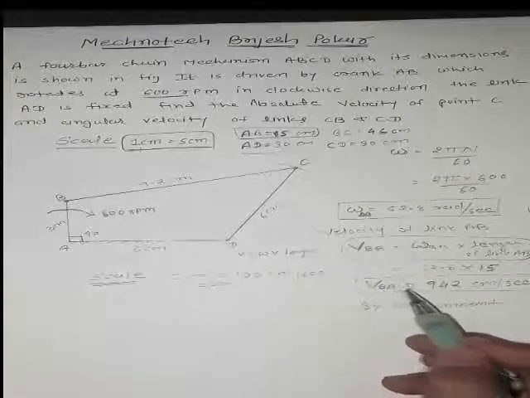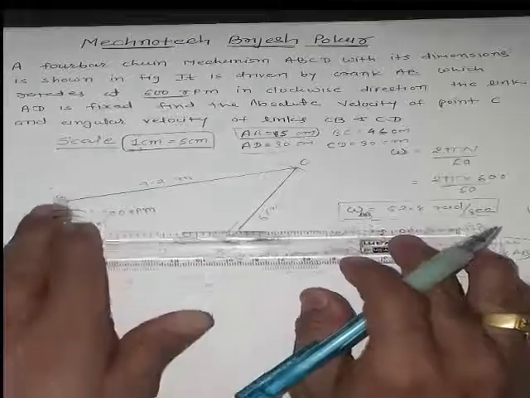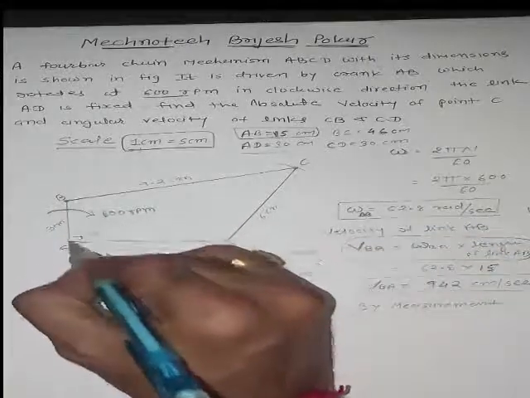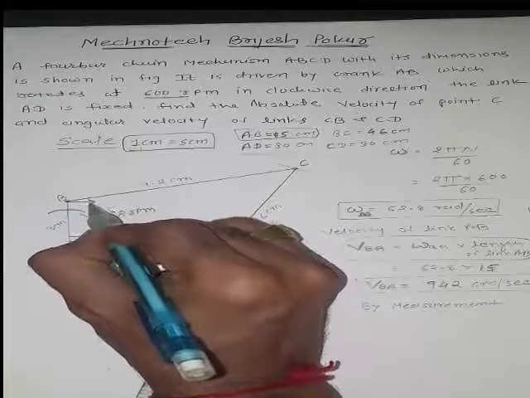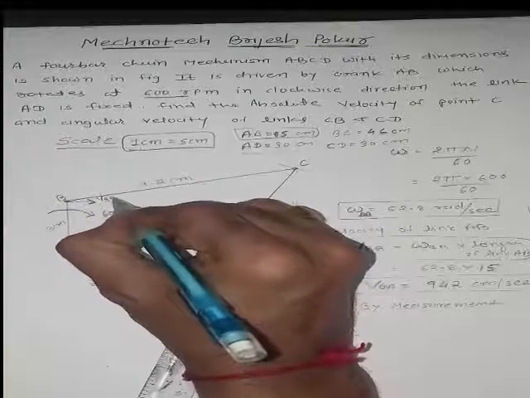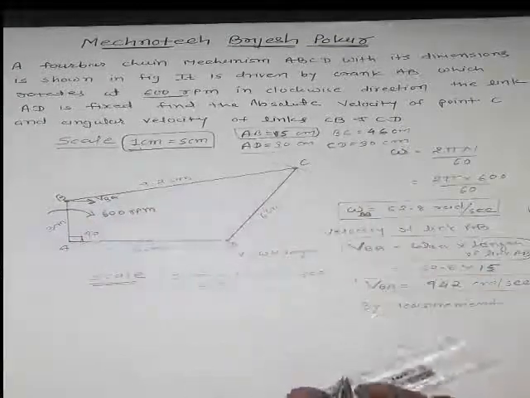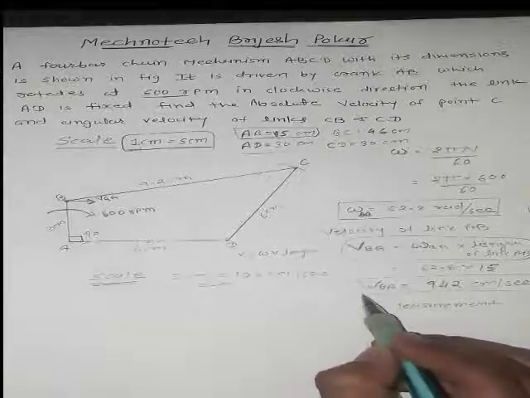Now what do we have to do? We have to draw a perpendicular line. This is a vertical line, so we have to draw a perpendicular to it, because the velocity VBA should be like this. So we have to draw a horizontal line, but for that we have to take a scale.